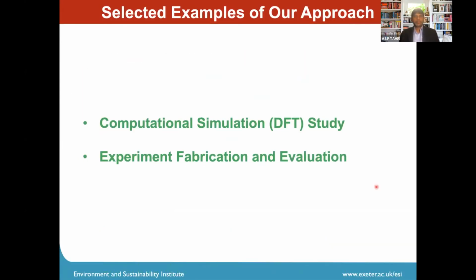So next are some selected examples on the design or discovery of suitable materials for photoelectrochemical water splitting. We use both computational simulation or DFT study, as well as experimental fabrication and evaluation of the properties of selected materials.